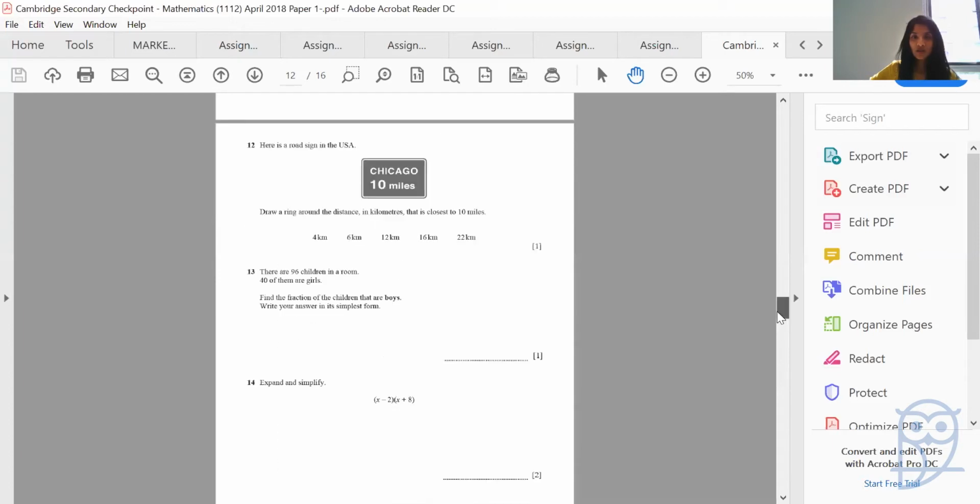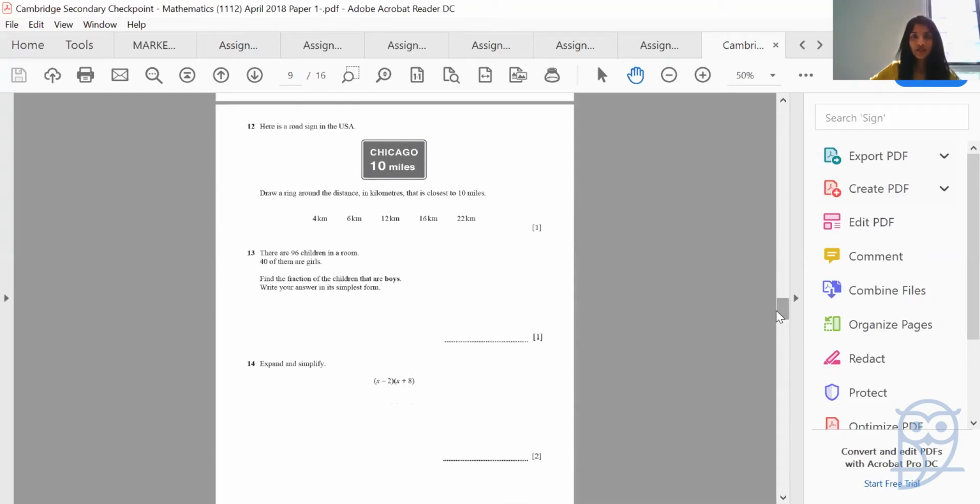Okay, next question said, here is a road sign. I'm going to try and share that piece of my board with you as well. It says, here is a road sign in the USA, and it says Chicago 10 miles.